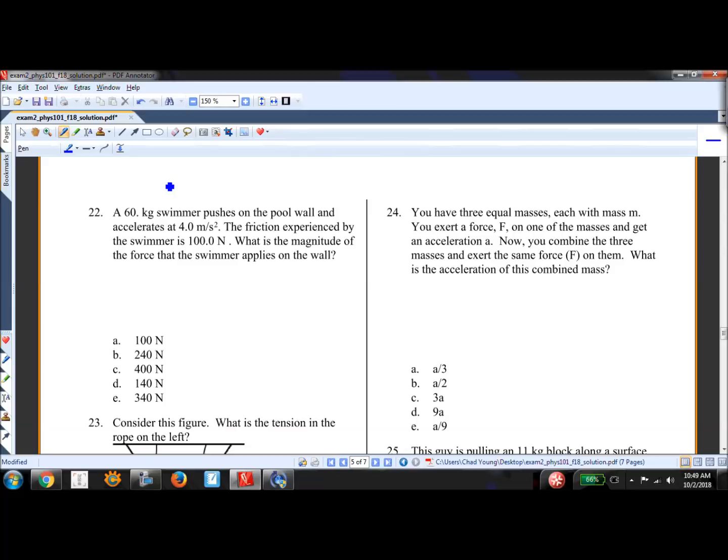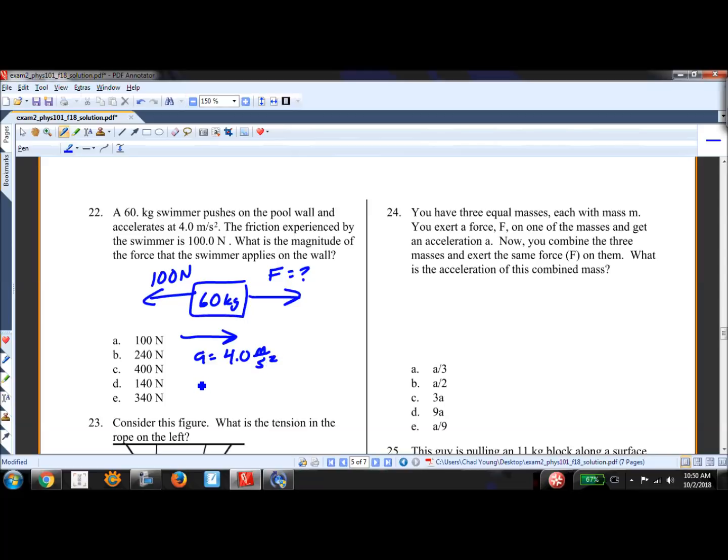A 60 kilogram swimmer pushes on the pool wall and accelerates at 4 meters per second squared. The friction experienced by the swimmer is 100 newtons. What is the magnitude of the force? I think this was a tutor question. So I have a 100 newton force in this direction, 60 kilograms. I have some other force in this direction. I don't know what it is, but I know that she accelerates at 4 meters per second squared.